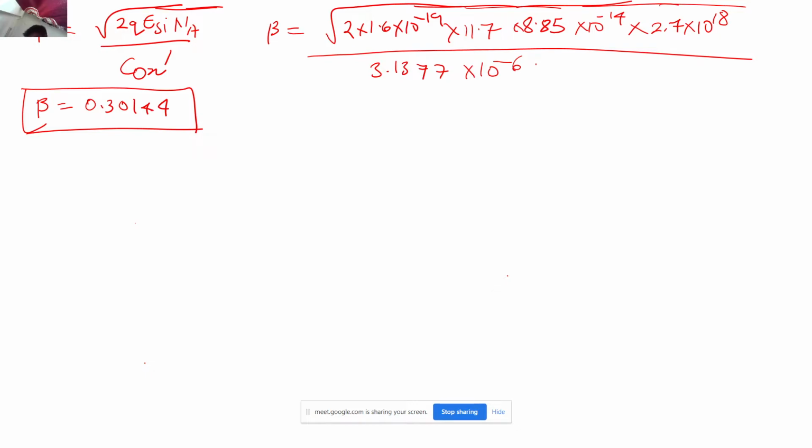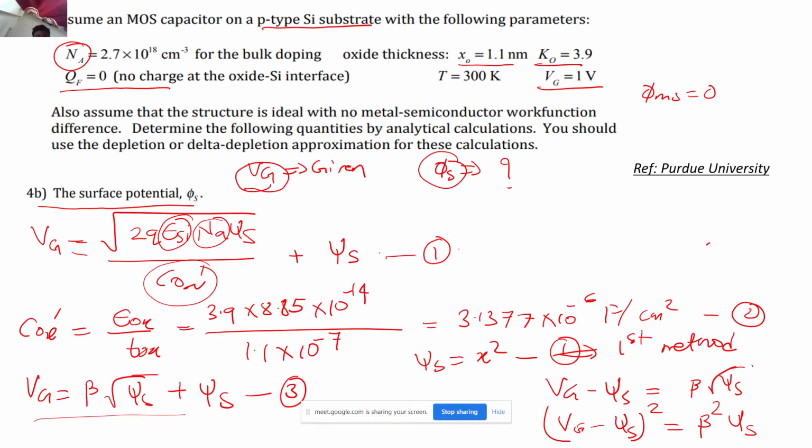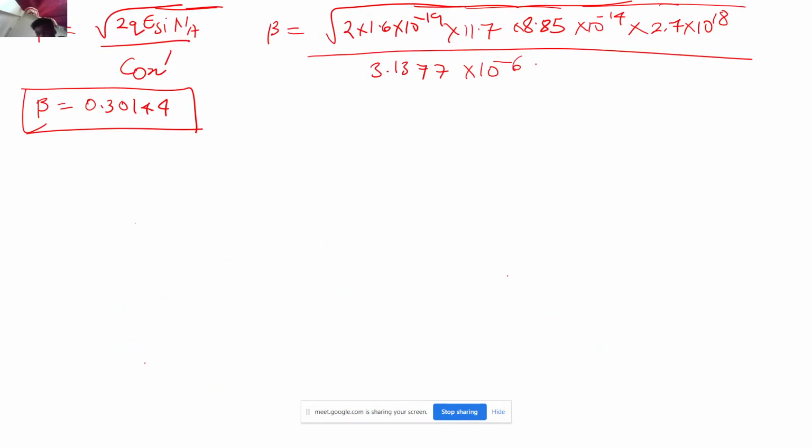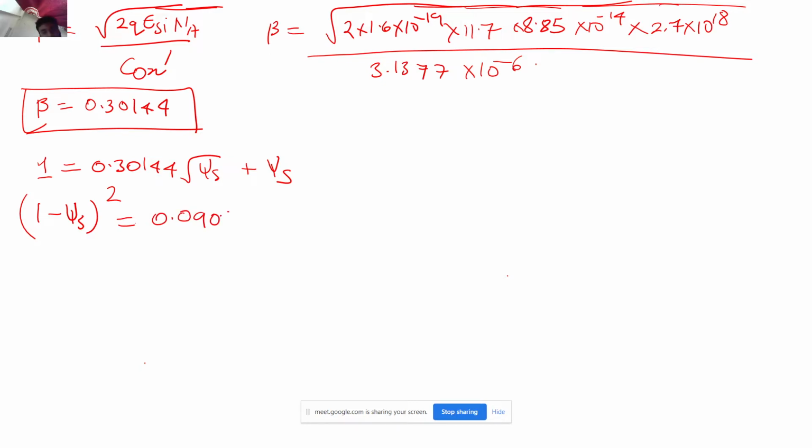Okay, so I will use the second approach now. The Vg value has been given as 1 volt to me, correct? So now 1 volt will be equal to 0.30144 times root psi s plus psi s, correct? So now 1 minus psi s whole square will be nothing but 0.090869 times psi s, correct?